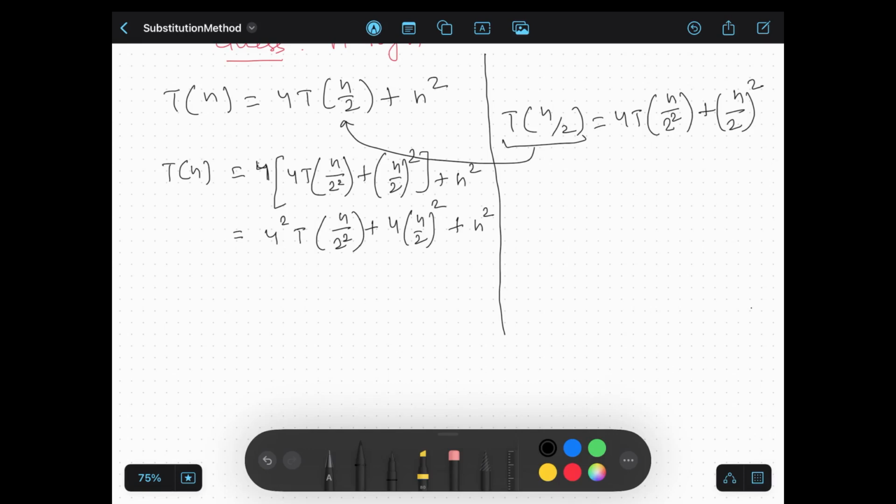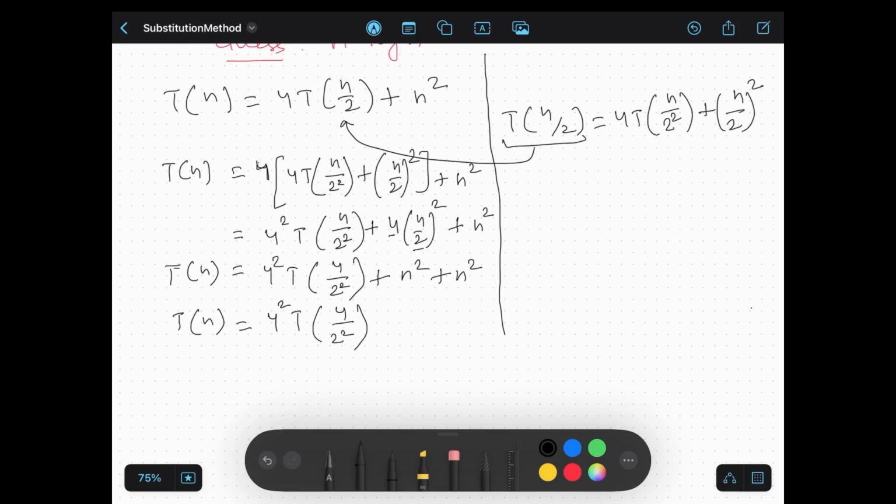Now if we see, we can reduce these values and we will get n square plus n square, and then this becomes plus 2n square, right?